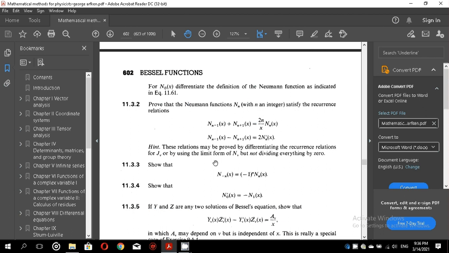Now the question is why we have defined Newman functions. For the Bessel's function of the first kind, represented by J, we know that there is a problem if nu is an integer, then the second solution does not exist, and we have to find the second solution by some other method.